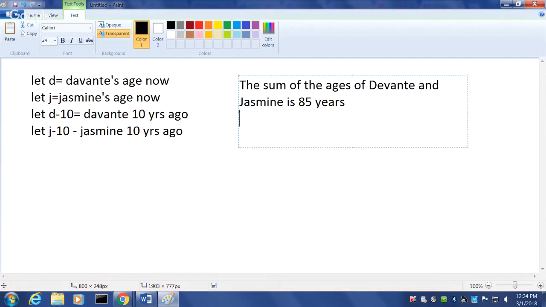How do I write that sentence using the mathematical symbols I've got over on the left? D plus J, good, that's the sum of their ages, equals, and what should be on the other side?